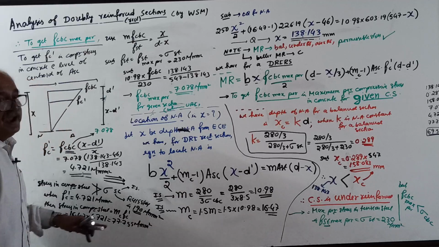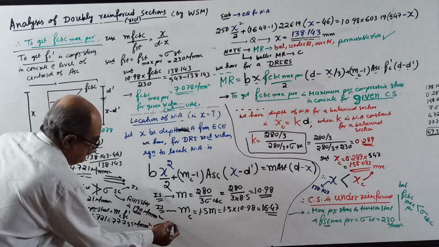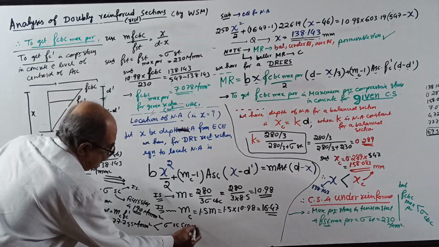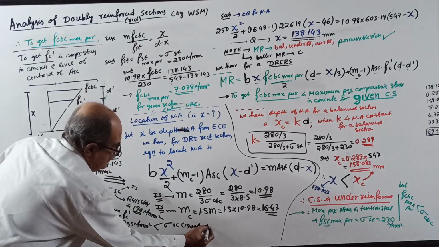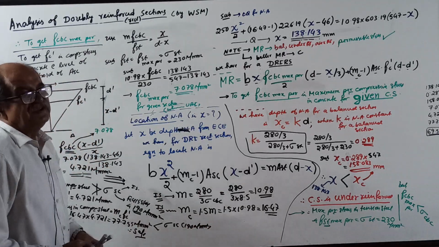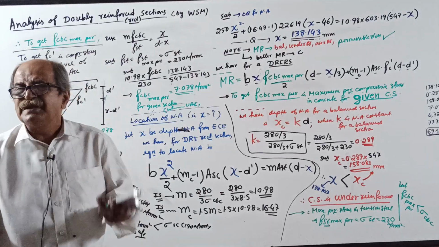Compression steel will get this much stress, no problem. It is less than the permissible limit sigma SC of 190 Newton per mm square. Therefore, safe.